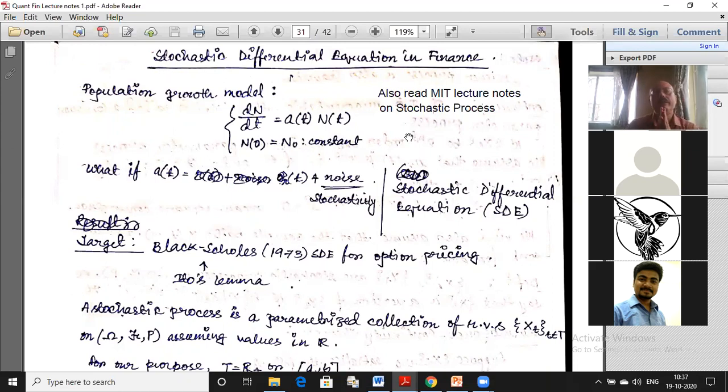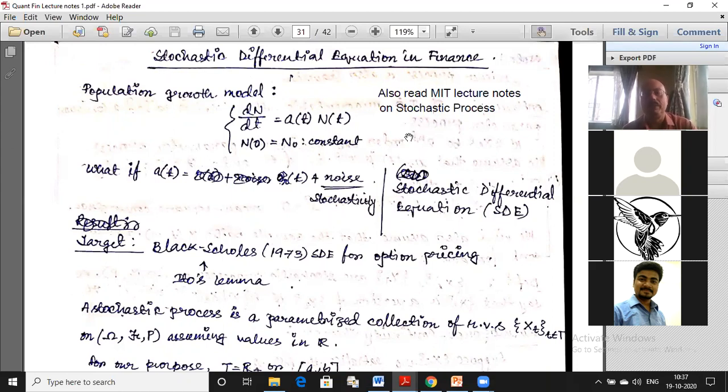So our canonical model is the population growth model. So let's start with the population growth model, because this is a model all of you have seen before in the demography course or in the applied stochastic process course.